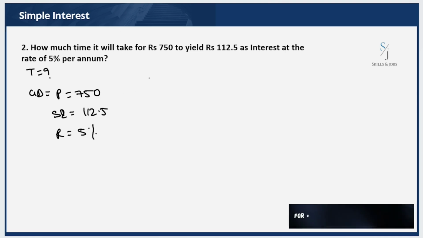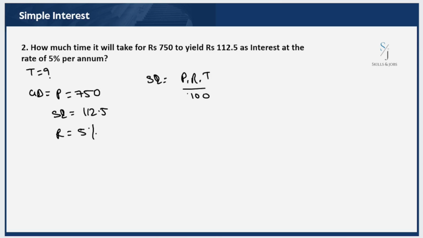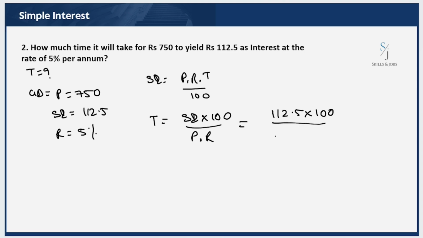Now the third step, use the formula, substitute the values and get the result. So what do we need to find out here? We need to find out T. T is equal to simple interest into 100 divided by P into R. So simple interest is 112.5 into 100 divided by, what is P? 750.